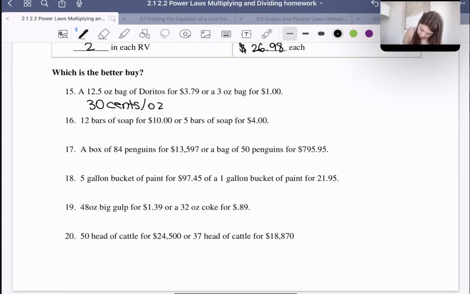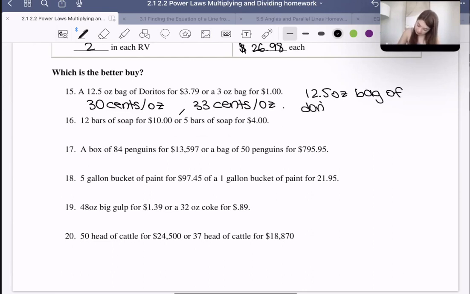30 cents per ounce. Okay. And then the second one, it's $1 for a 3-ounce bag. So that's going to be 1 divided by 3 is going to give us about 33 cents per ounce. So therefore, the slightly better buy here is the 12.5-ounce bag of Doritos, right?